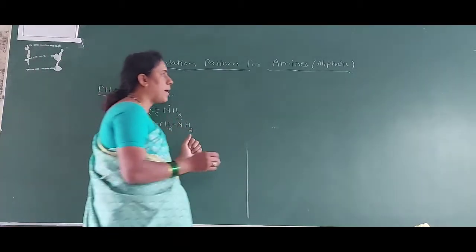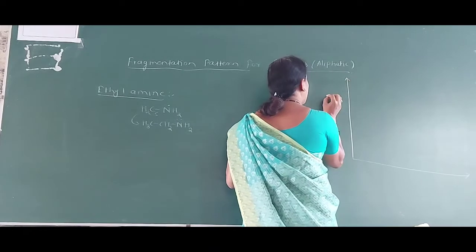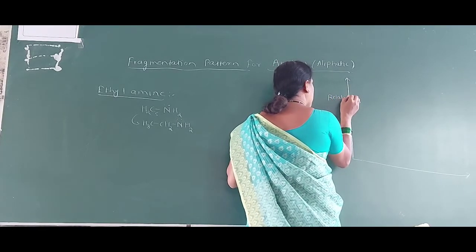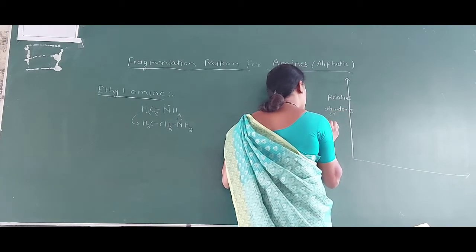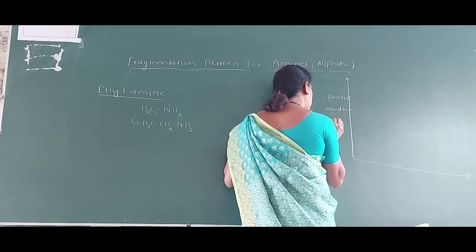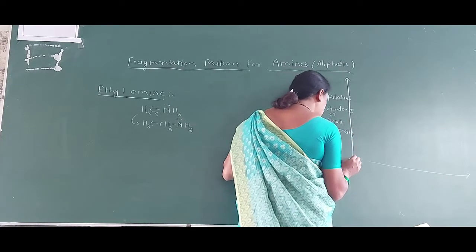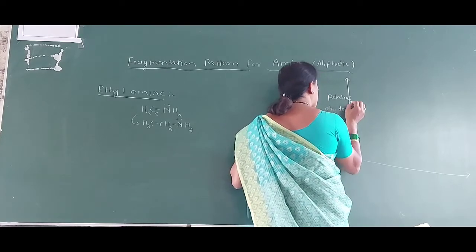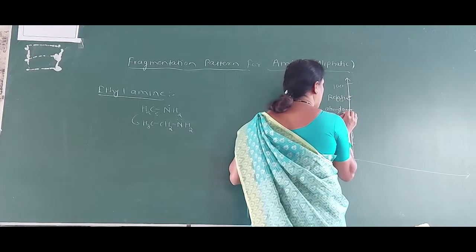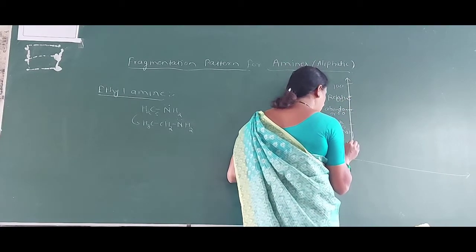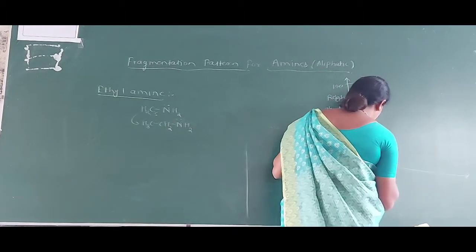So let us look at the peak pattern of this compound, with relative abundance or relative peak intensity on the y-axis, from 0 to 100.